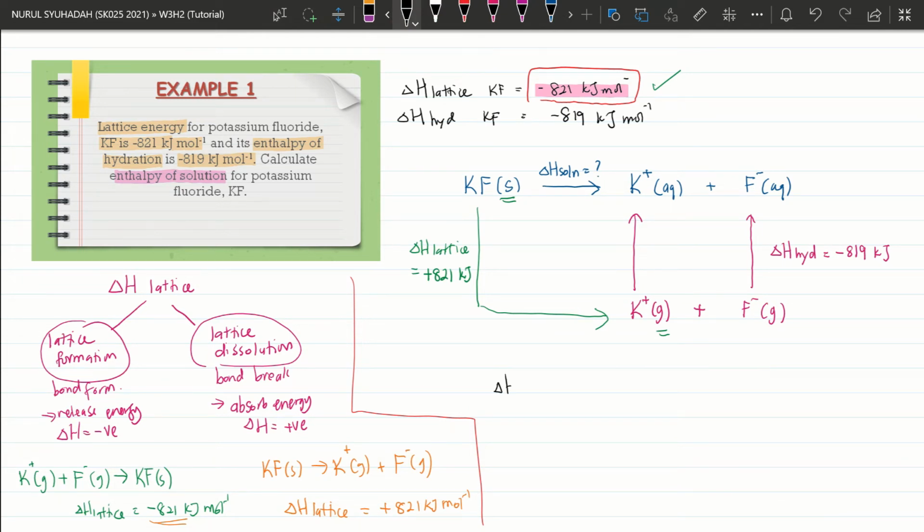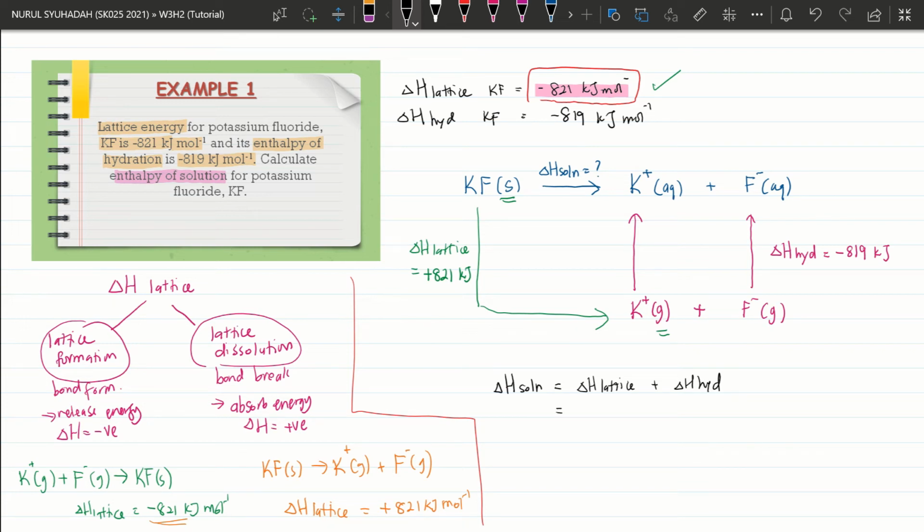So delta H solution. Okay, so clockwise, anti-clockwise. In exam, please do not write this arrow, the clockwise and anti-clockwise. If you want to write down, use pencil and afterwards erase it back. Okay, so delta H solution is delta H lattice plus delta H hydration.